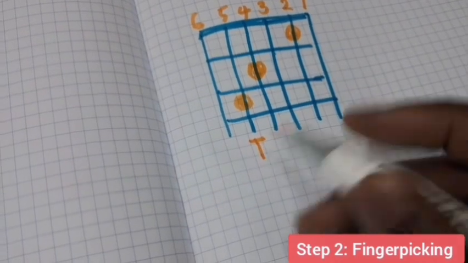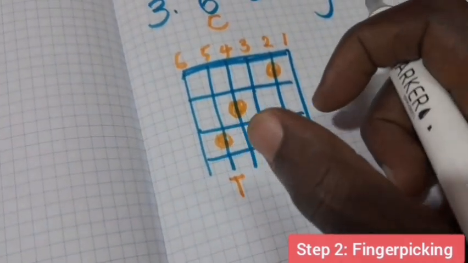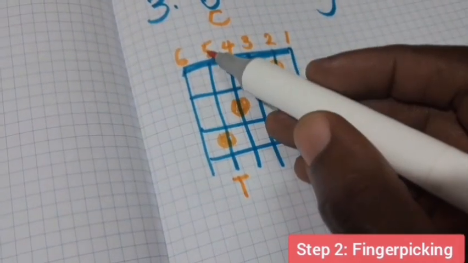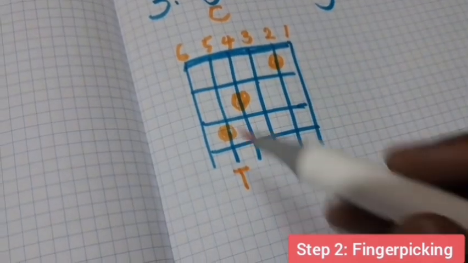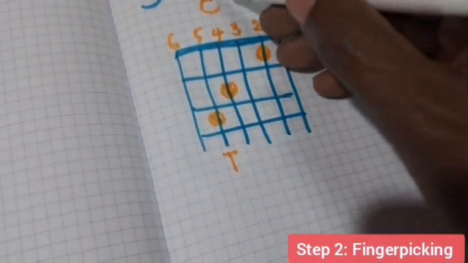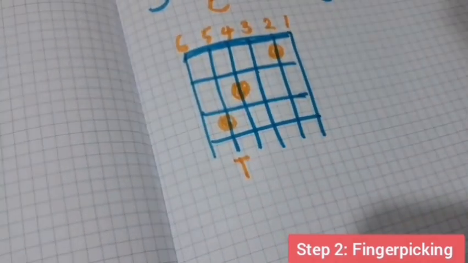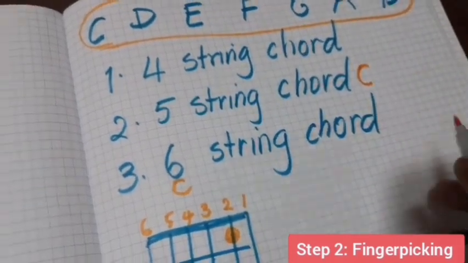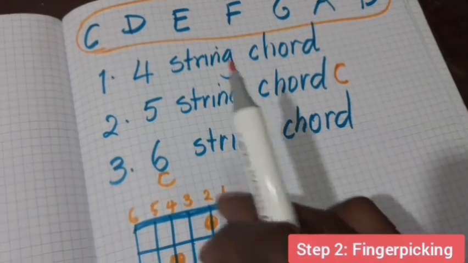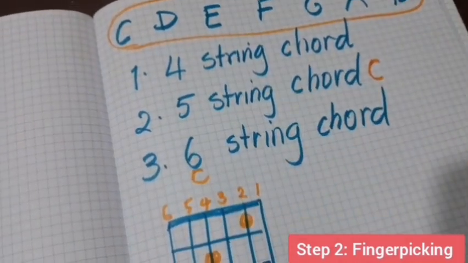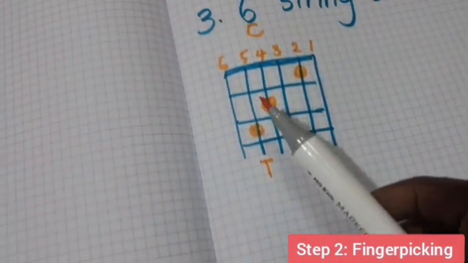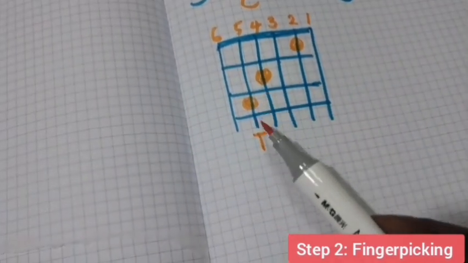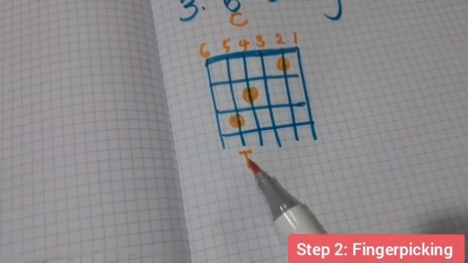The thumb here, which is used for playing the bass, falls on the fifth string. So that makes C a five-string chord, because we'll be using the thumb to play the number 5 string.